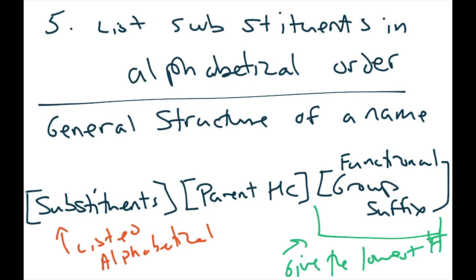So, if there's an ether over there or a halide, ethers and halides get treated like substituents. They don't get any kind of special treatment. They're just the same as if they were an ethyl or a propyl. But alcohols and amines that get suffixes, they get the special treatment where they get the lowest possible number.